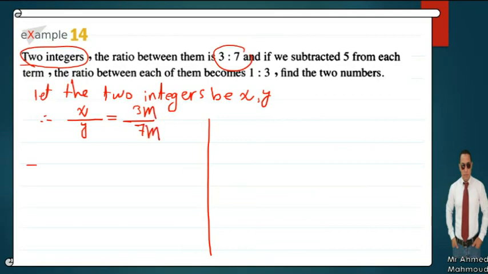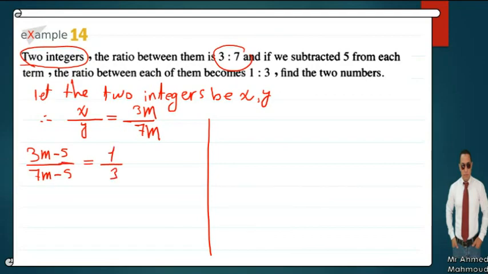Okay, if we subtract 5 from each term like this, 3m minus 5 and 7m minus 5, the ratio between them becomes 1 to 3. This ratio is 1 over 3.